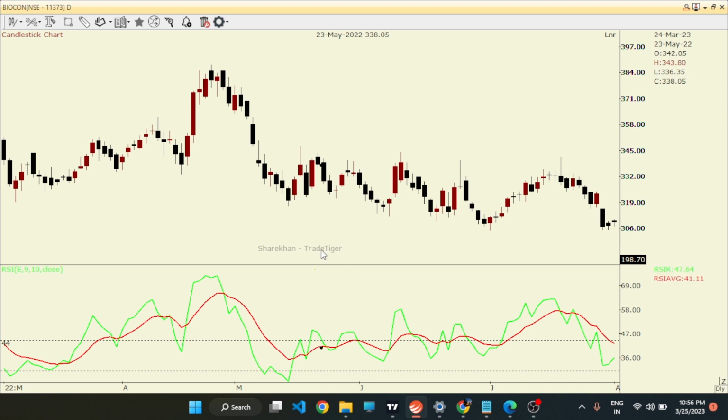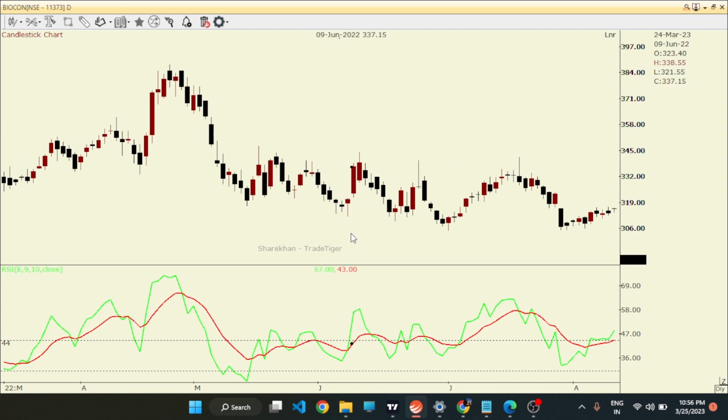It also hit, and it gave another entry on 27th May. Candle closing was at 337, low was 327. It's a 5 points SL. So our target will be 343. It made a high of 340, so we are going to move our stop loss, and this is a break-even trade.